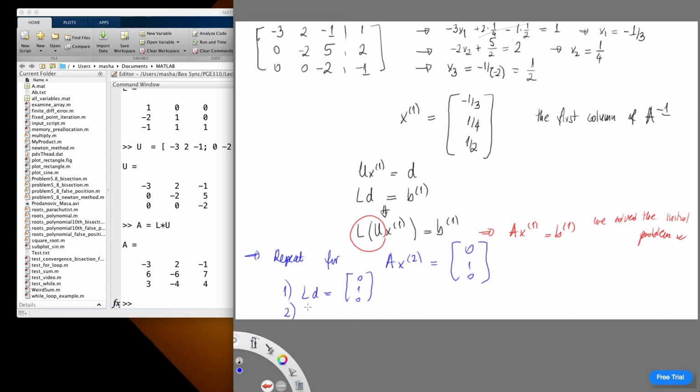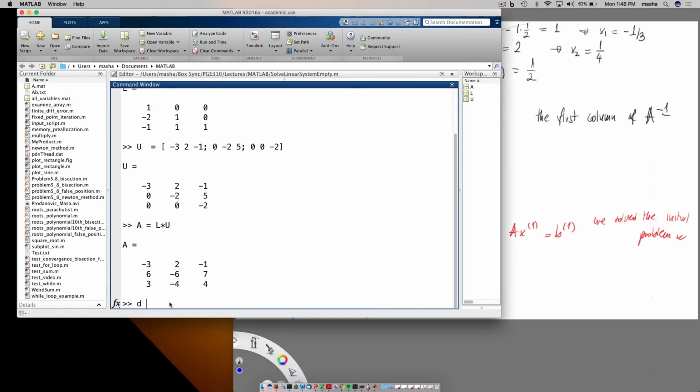And step 2, Ux2 is this D, after I find D. So how about I help myself? D is L divided by 0, 1, 0.